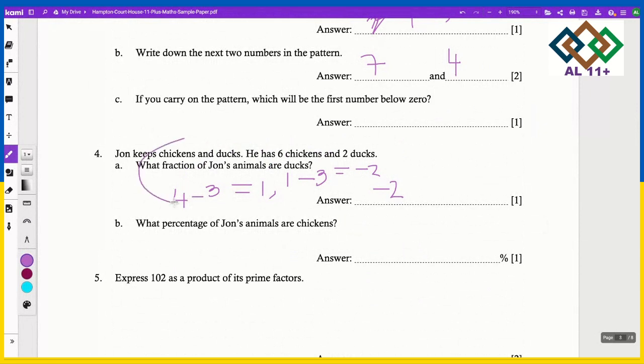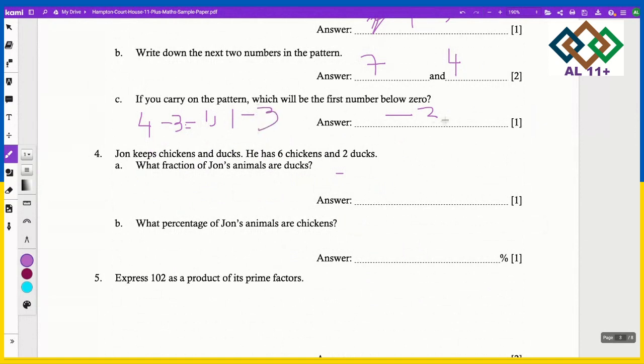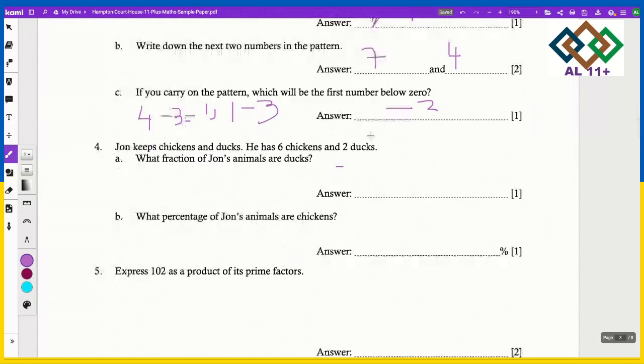So let me just rub it out and write it down there for you, so you don't get confused. I wrote the answer on the wrong one. So that would be minus 2. It's 4 minus 3 equals 1. And 1 minus 3 equals minus 2. We took the sign of the bigger one.